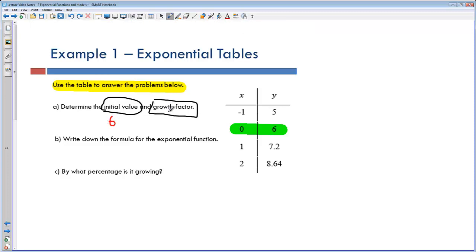Whereas the growth factor, right? The growth factor is what you're growing by. And if you think about this, this actually makes a lot of sense. It's growth because the outputs are getting bigger. If the outputs were getting smaller, we would call it decay, and we'll talk about this in a minute. We want to know how they're getting bigger, and it's a factor. When you think of a factor, hopefully think of multiplication.